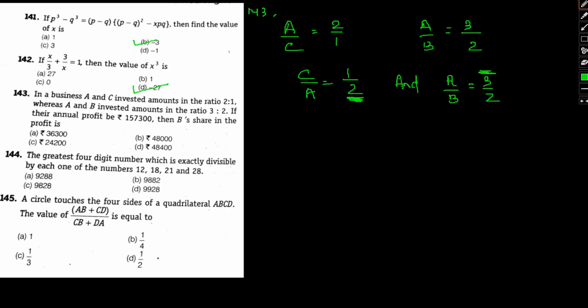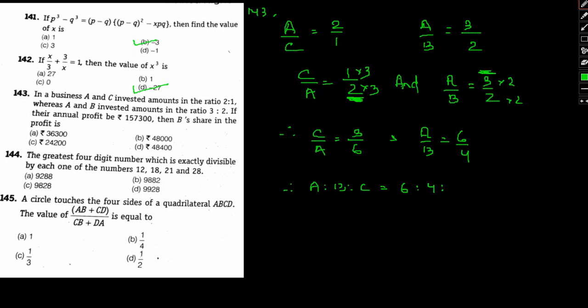So let me multiply this by 3 and let me multiply this by 2. Therefore C by A will be 3 by 6, and A by B will be 6 by 4. So A is to B is to C can be written as 6 is to 4 is to 3.